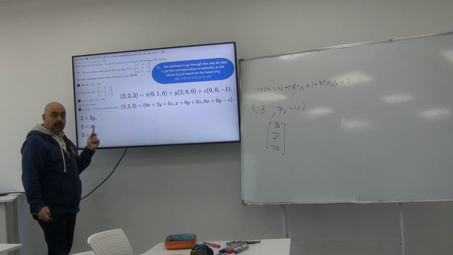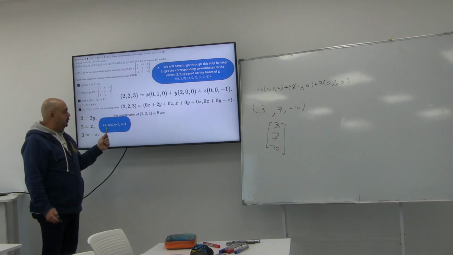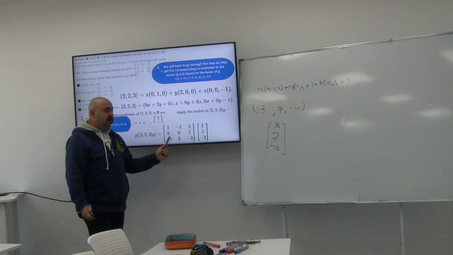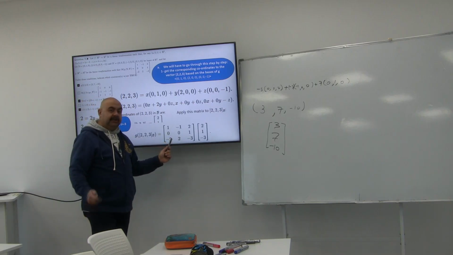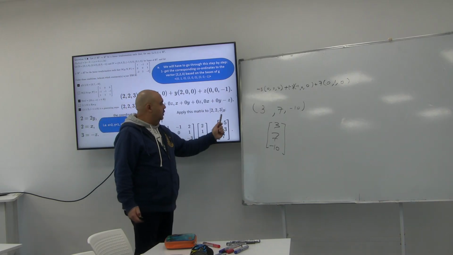which are the coordinates in the main domain. Multiplying these coordinates by the matrix of coordinate change, we will get the corresponding coordinates in the codomain, which are -5, -3, and 7.